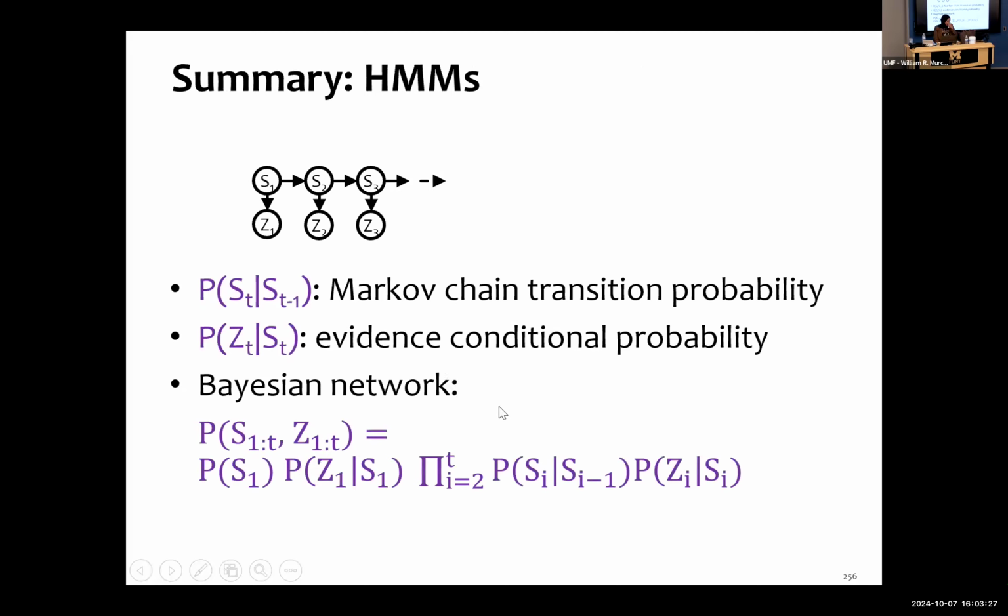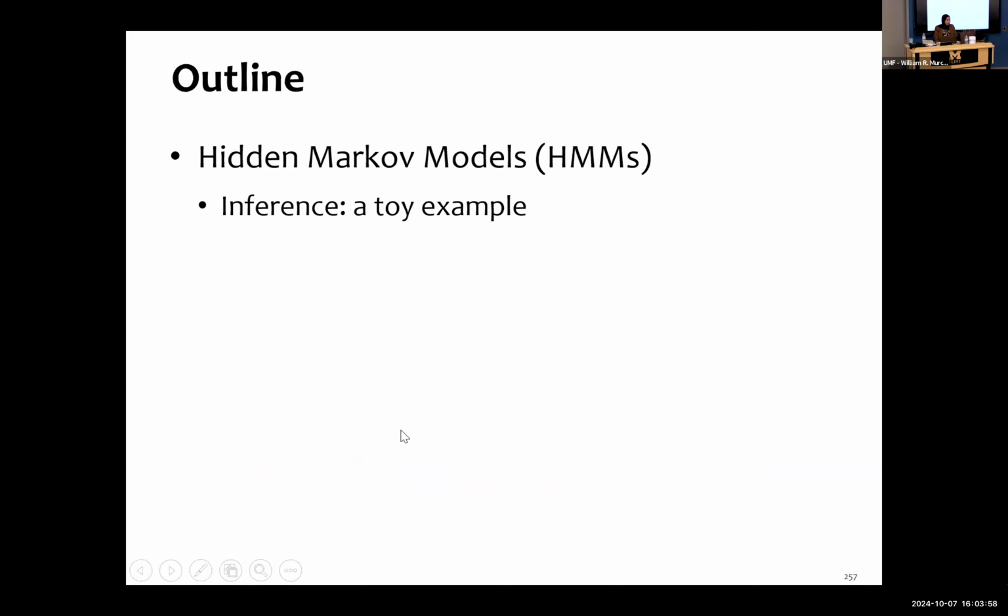If you check this summary, the Markov chain transition probability is given by s_t given s_{t-1}, the previous step. The evidence conditional probability is the probability of z_t given s_t at time step t. And if we remember the Bayesian network, we apply the product rule, so we can try to solve this problem.